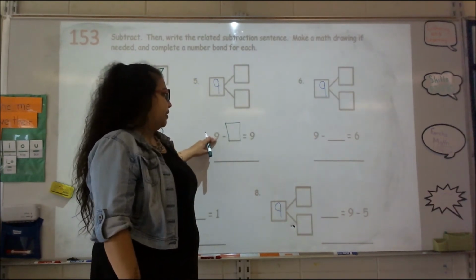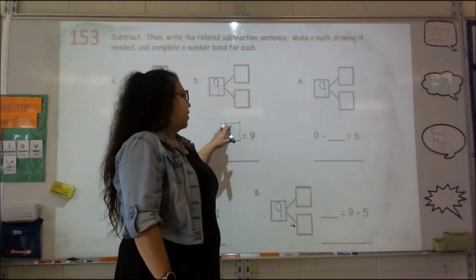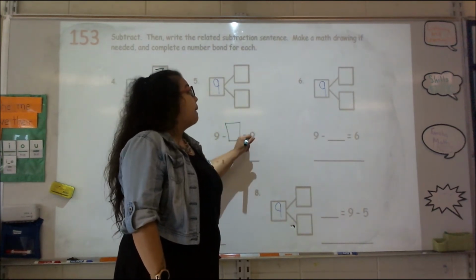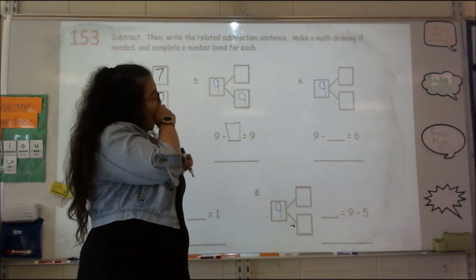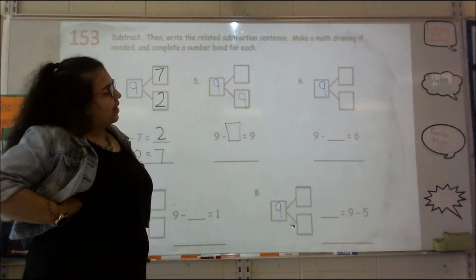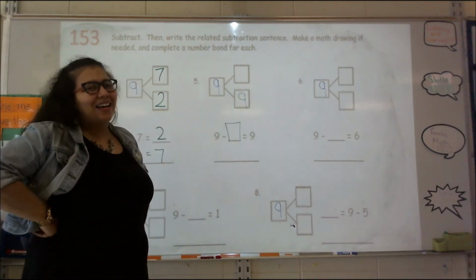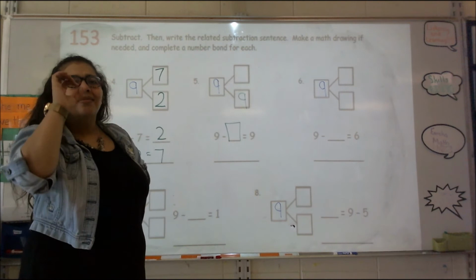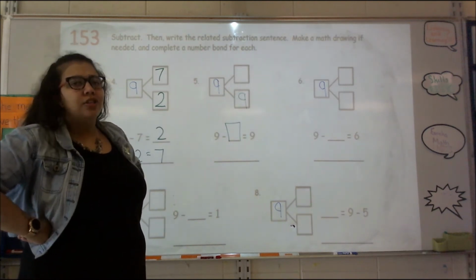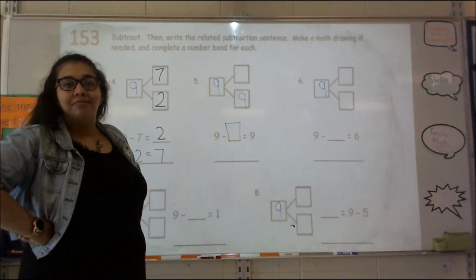Our starting place is 9. Whole minus part is equal to the other part. So this is a known part. Well, if my whole is 9 and this part is 9, how many are in the other part? Nada, zilch, zip, nothing. It's empty.